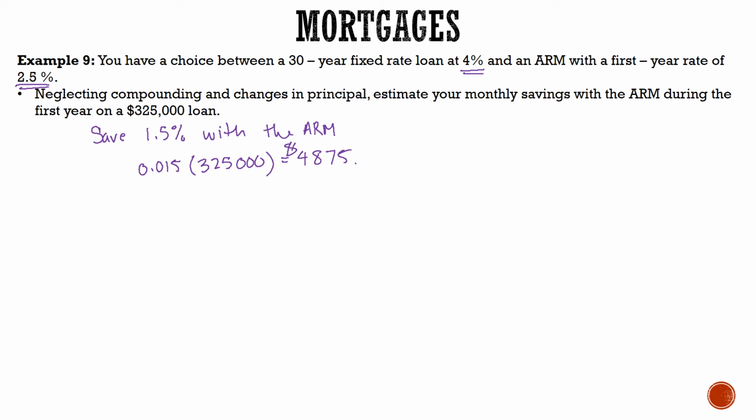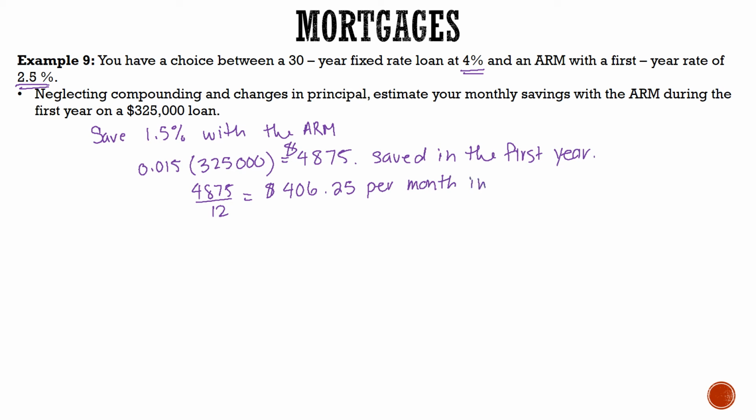Now, how much does that end up being in terms of monthly? So $4,875 saved in the first year. And so that'll translate to 4,875 divided by 12. So divide by 12, that's going to be $406.25 per month. So $406.25 per month in savings.